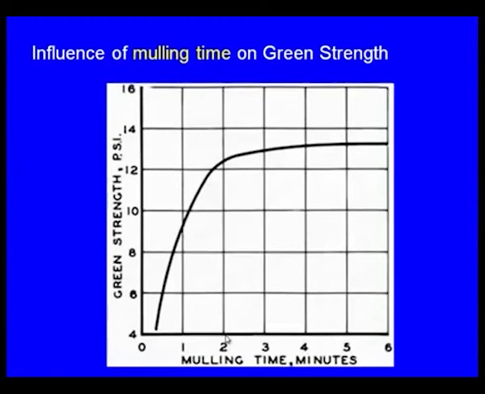So this mulling has an effect on the green strength. Let us see, the x axis indicates the mulling time and the y axis indicates the green strength. This is the time in minutes. It starts at about half a minute. When it reaches about 2 minutes, we get the maximum green strength.